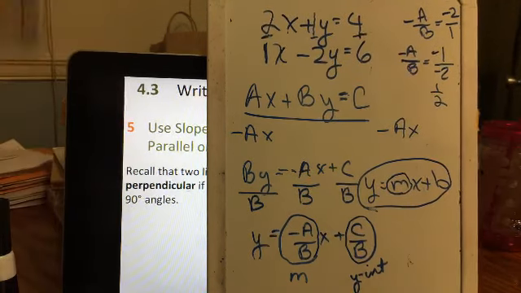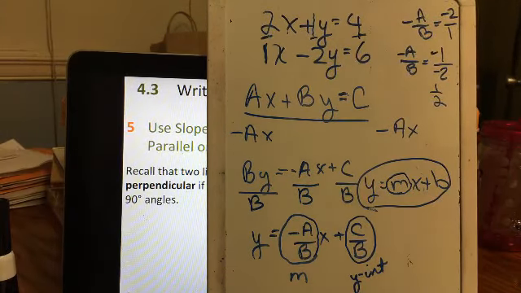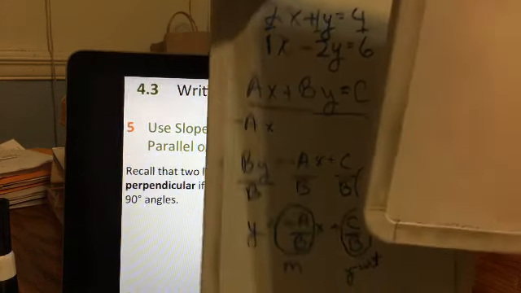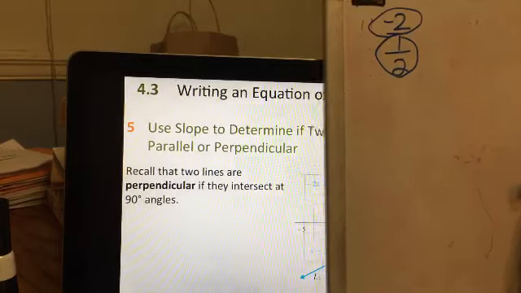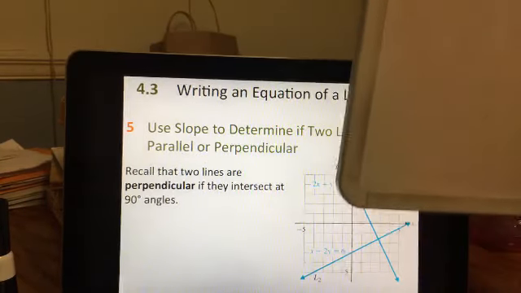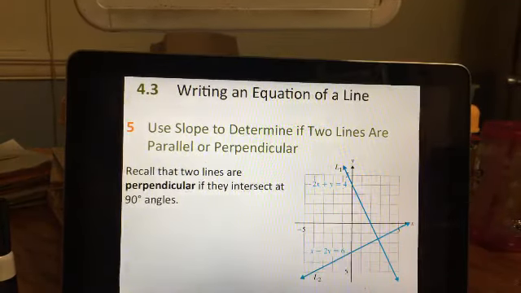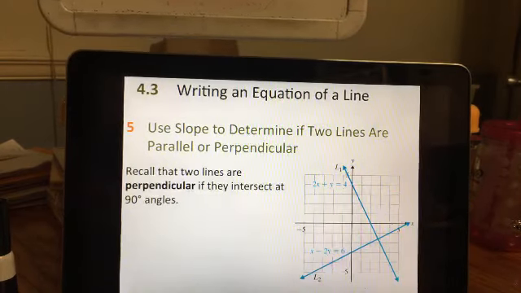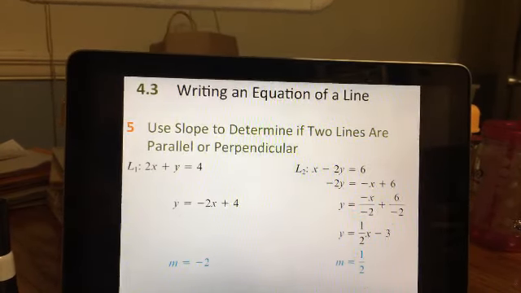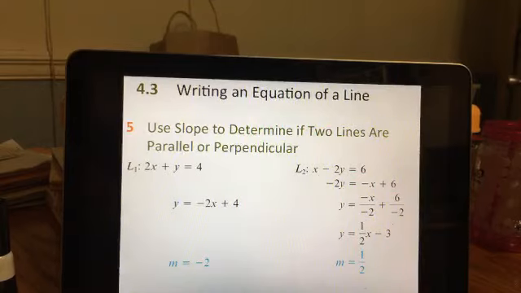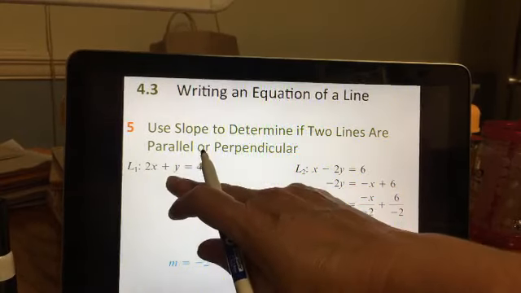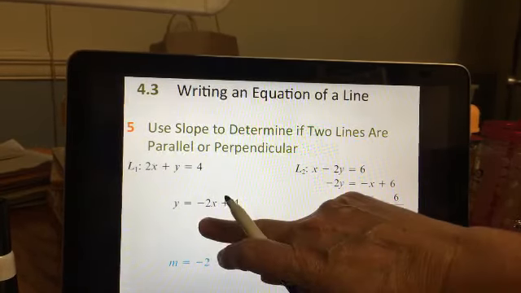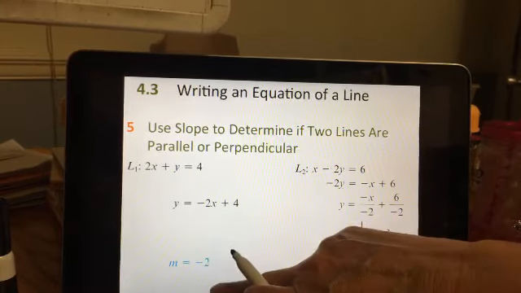Okay, so now let's look at those. The top slope was a negative 2, and the bottom slope was a 1/2. Negative 2 and 1/2. All right, so now we did it a different way than they're going to do it. Look at the two lines that they have. Okay, we have the same lines. Look at the next page here. They're going to take the first one and turn it around into slope-intercept form to find the slope.